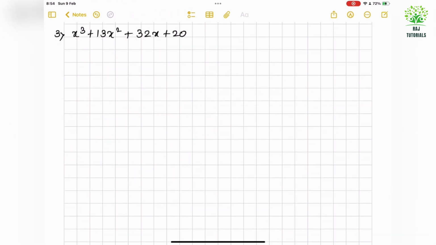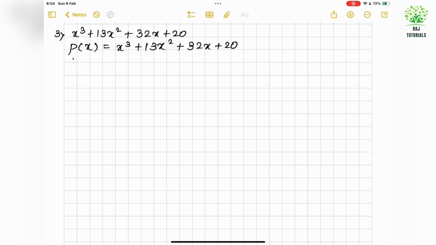Now, the next one says x cube plus 13x square plus 32x plus 20. So here if I take this as p of x, that is p of x equal to x cube plus 13x square plus 32x plus 20.